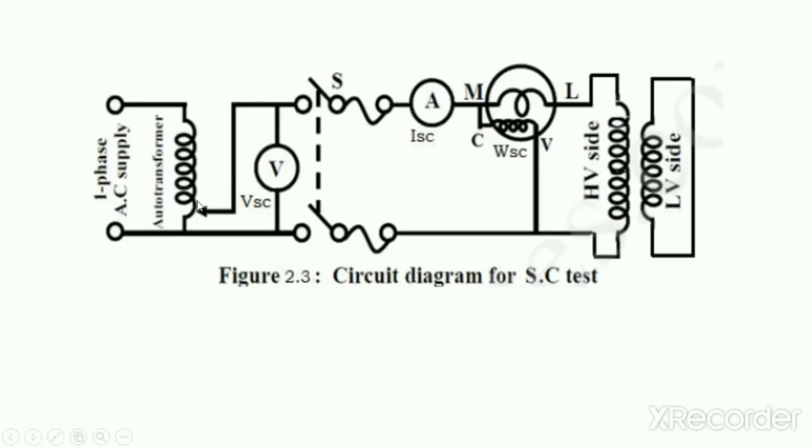Switch on the supply and gradually vary the autotransformer until the ammeter reads the rated current, and then note down the VSC value and WSC value. WSC gives the copper losses.